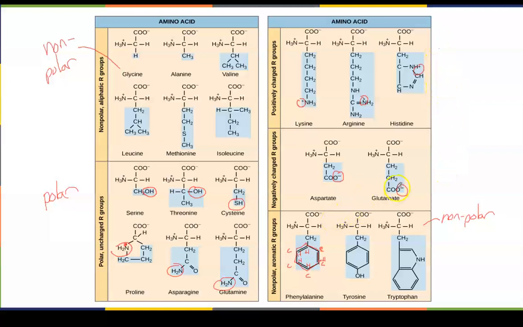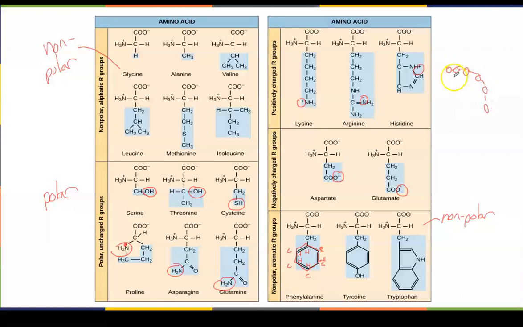Additionally, in some situations, the negative charge in one amino acid might be attracted to the positive charge in another amino acid. So these amino acids are going to be connected together in long strings.